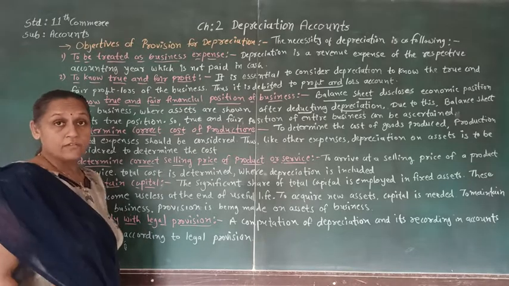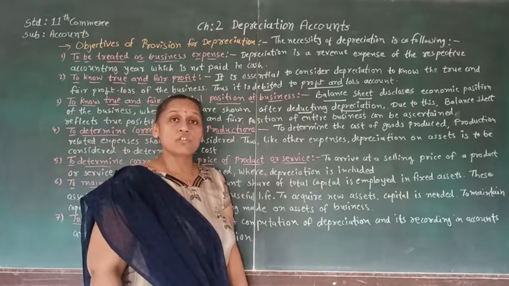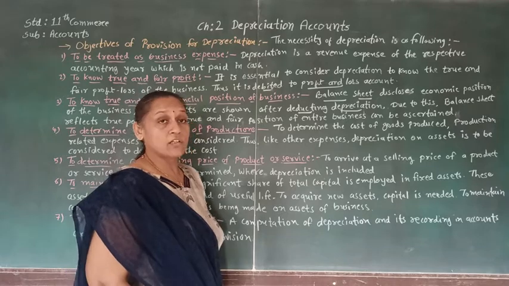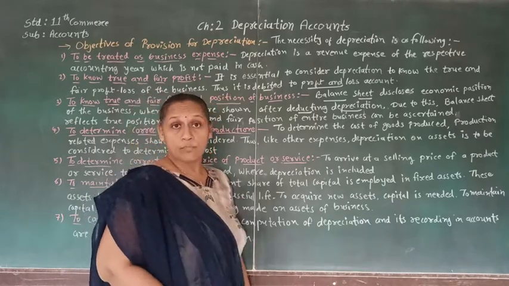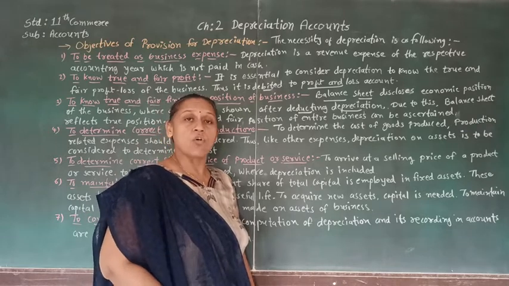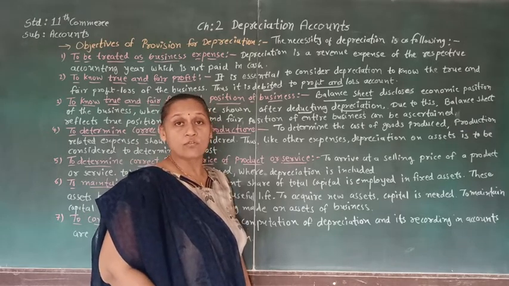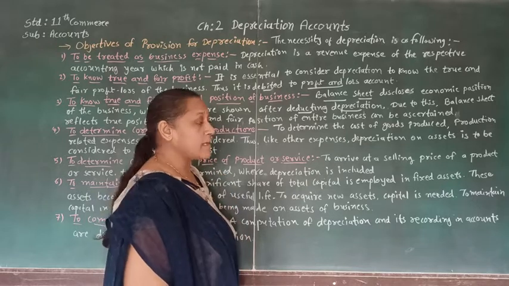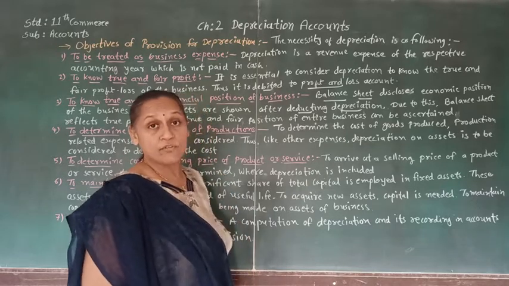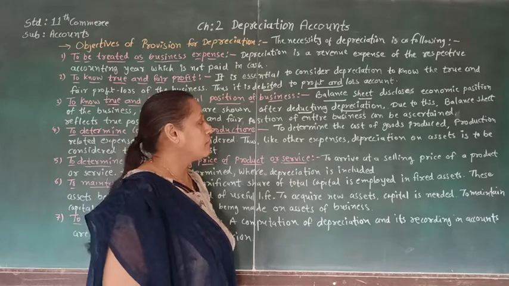When we are finding out the cost of production, we have to include the depreciation. As we know, in the cost of production, depreciation is also there. When we are producing any goods, the assets are used in that. So for that, we have to find out the depreciation and add the same in the cost of production.